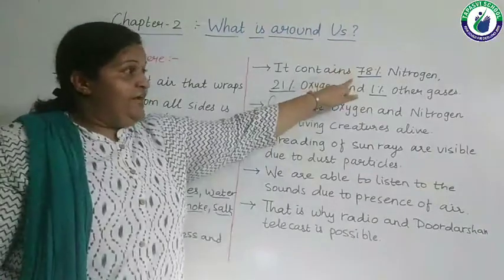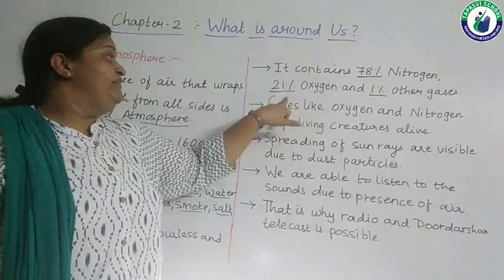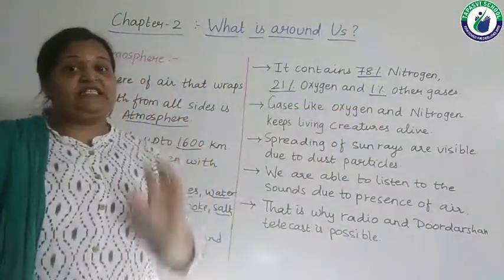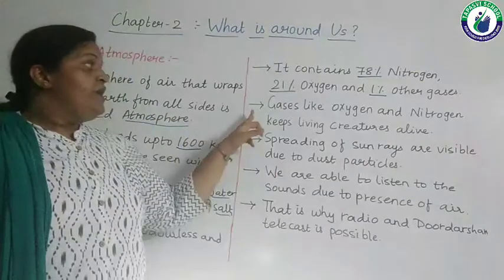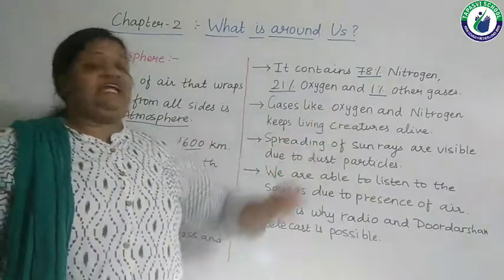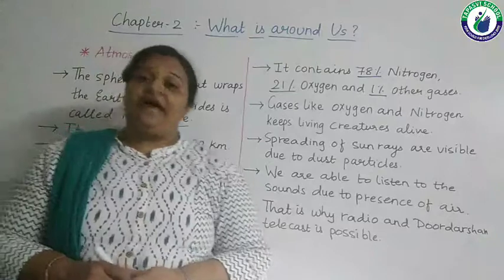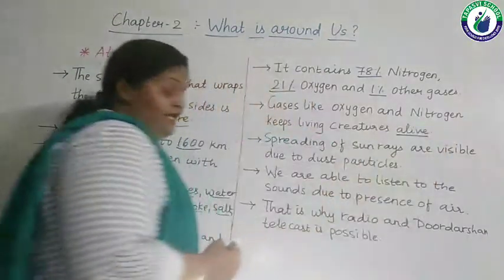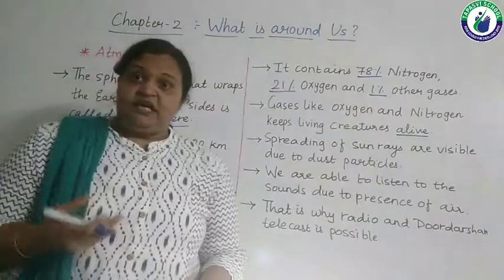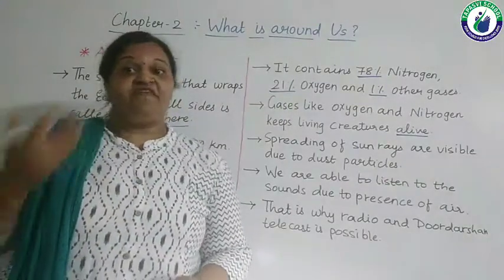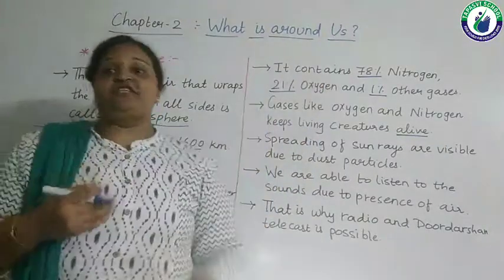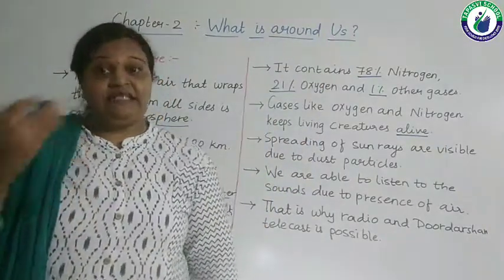Right? So 78% nitrogen, 21% oxygen and 1% of other gases are present in the air. Gases like oxygen and nitrogen also help living creatures to be alive. Right? If my skin is feeling refreshed, fresh, even with oxygen, nitrogen is also playing a part in the same.